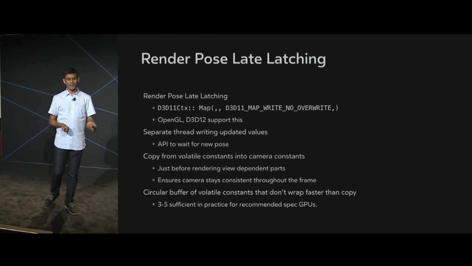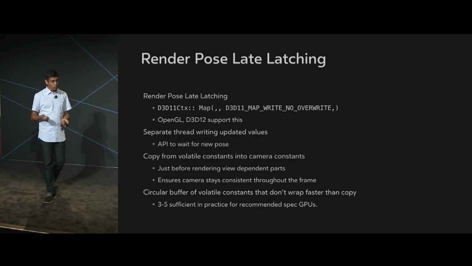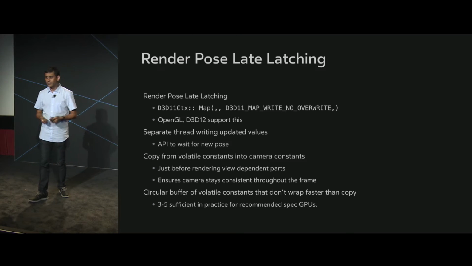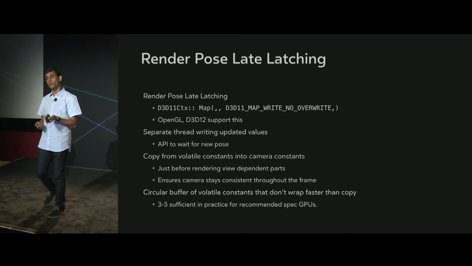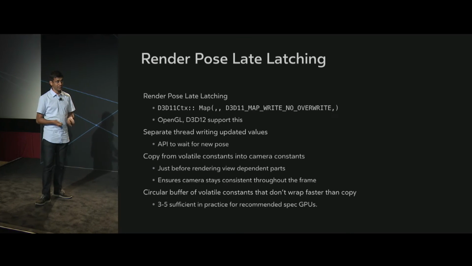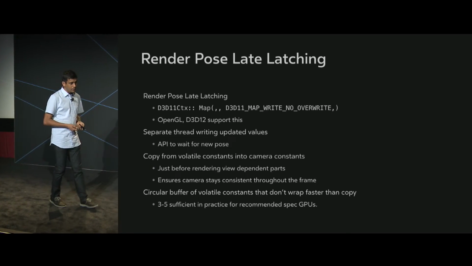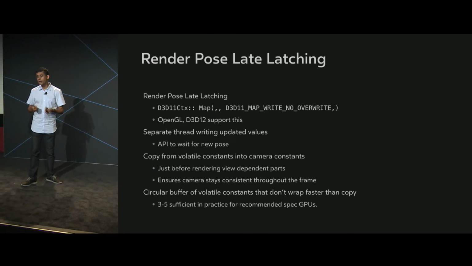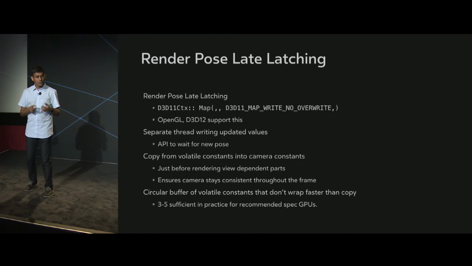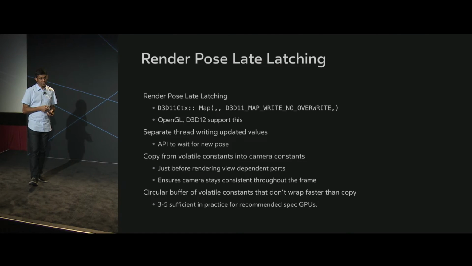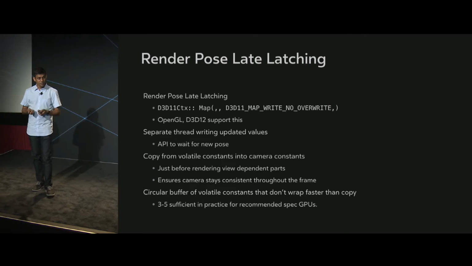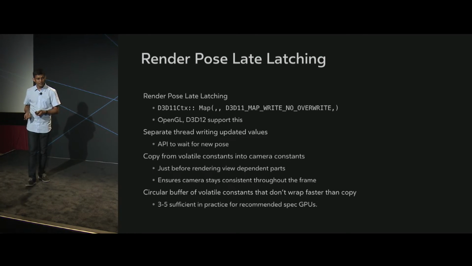The app would need a separate thread to update the pose values, and we're considering potentially adding an API that informs the app when a new pose is available so that it's not just busy writing the same value all the time. And then the app would have to write some code at the start of rendering to copy these volatile constants into the camera constants, and it needs to do that just before rendering the view dependent parts.